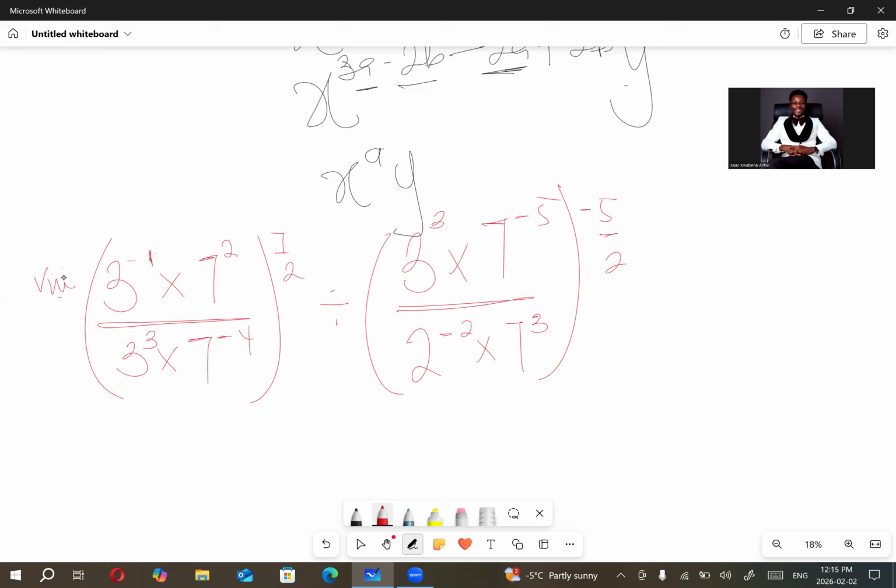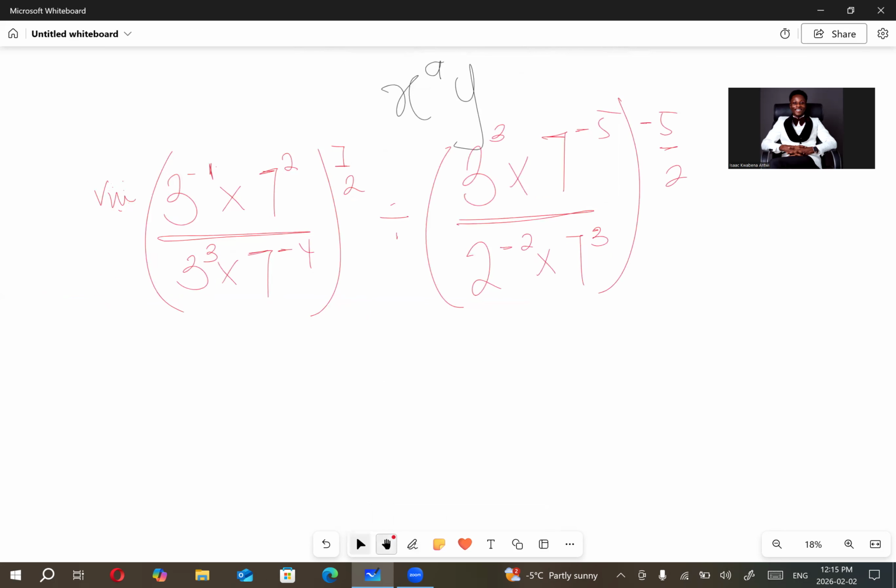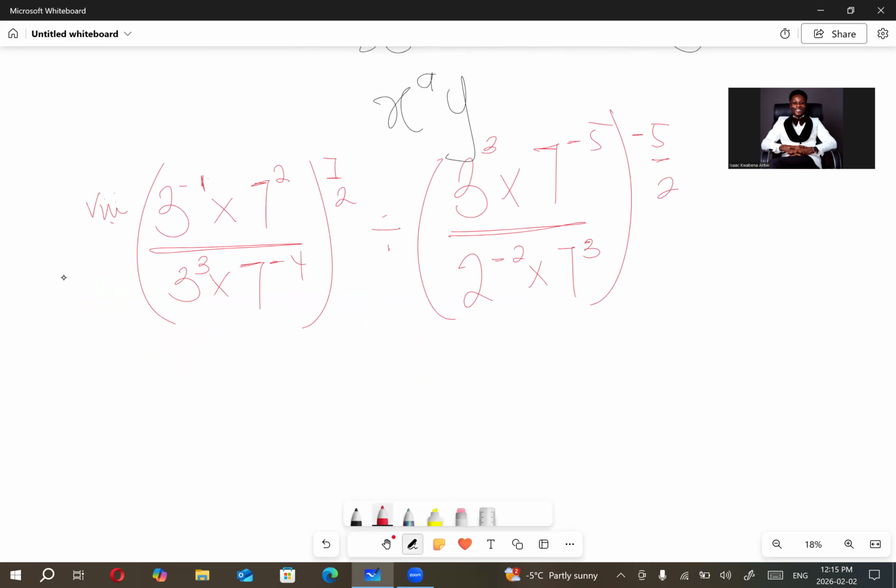Okay, so let's see. This was easy. I'll just apply what we know: when you have a power of a quotient of two numbers, and I have a power outside the bracket, the power will affect every single thing in the bracket. That's what I know, so I'll deal with that.